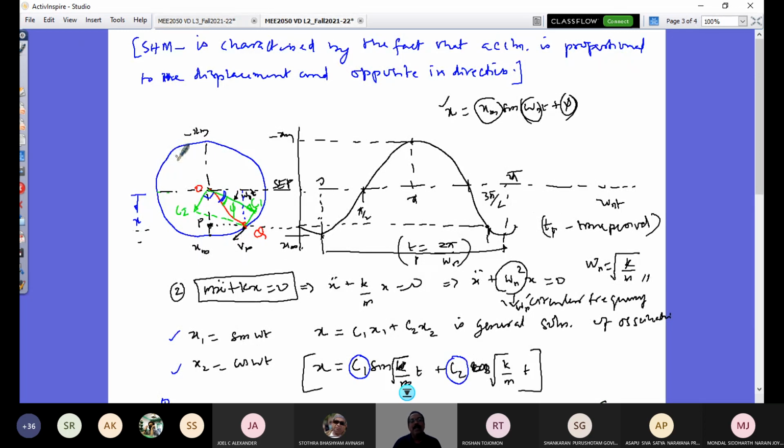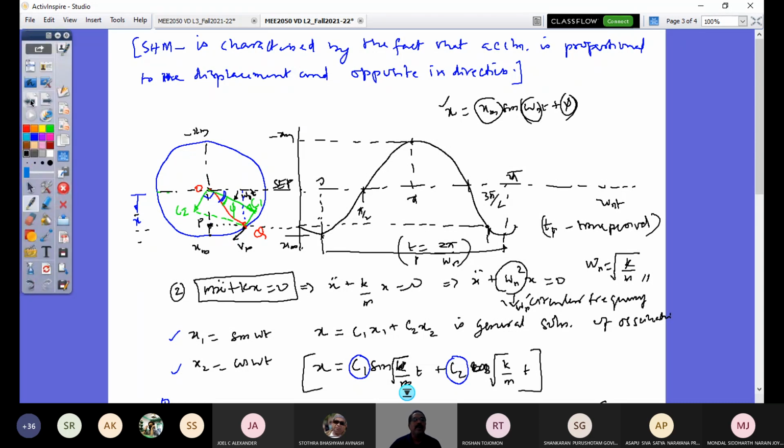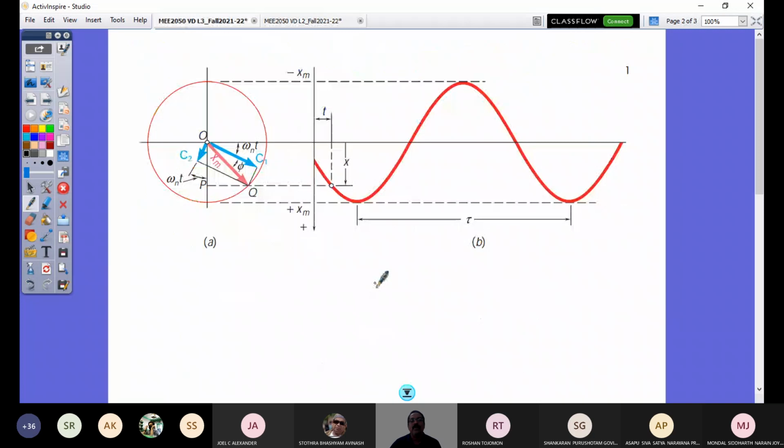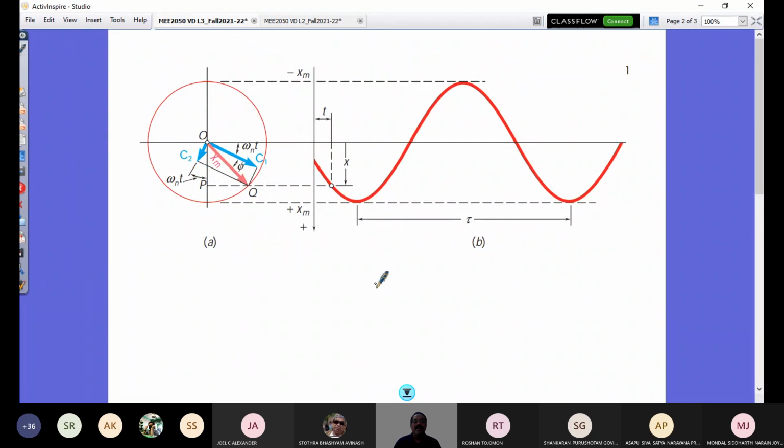In that circle, the motion of the end point of this vector OQ with a uniform velocity can represent the simple harmonic motion when this Q is projected on this vertical diameter. So OP vector is my vector x, and that solution we had can be visualized here. We were doing it in the last class, and I just have to put this diagram for clarity.